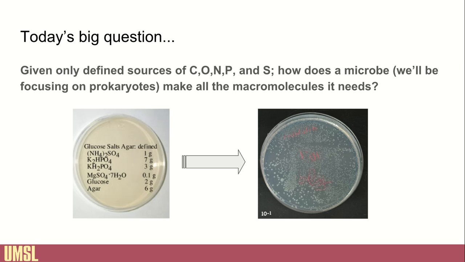So ultimately, the big question for today is, given defined sources of carbon, oxygen, nitrogen, phosphorus, and sulfur, and all the other trace things that we talked about, the nutritional composition of what makes a cell, how does a microbe, we'll be focusing on prokaryotes here today, make all of the macromolecules it needs to make a new cell?